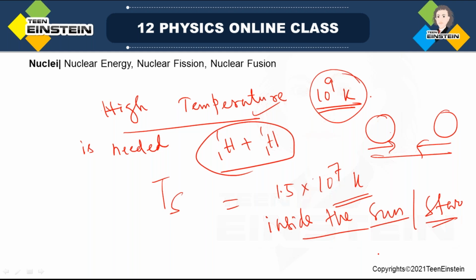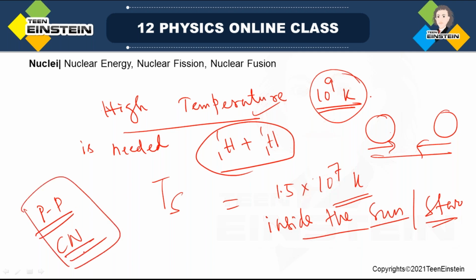So fusion reaction has a few more detailed concepts. There are two cycles, one is the proton proton cycle, another one is the carbon neutron cycle. So that we'll see in the next class.